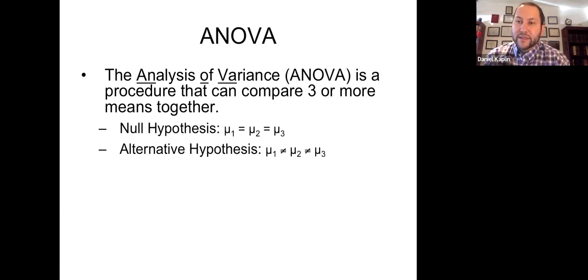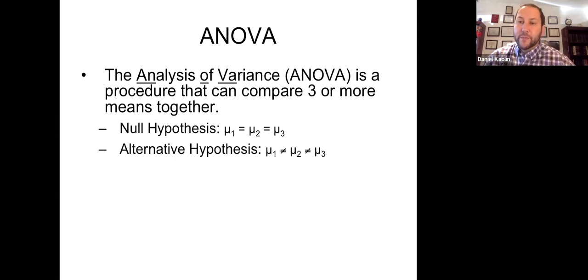So the null hypothesis, as I defined it in previous lessons, is to say there are no statistically significant differences between the groups. And if there are differences, it's due to error. So in this case, the null hypothesis would be expressed as mu1 is equal to mu2, which is equal to mu3, right? So if they're equal, there are no differences.